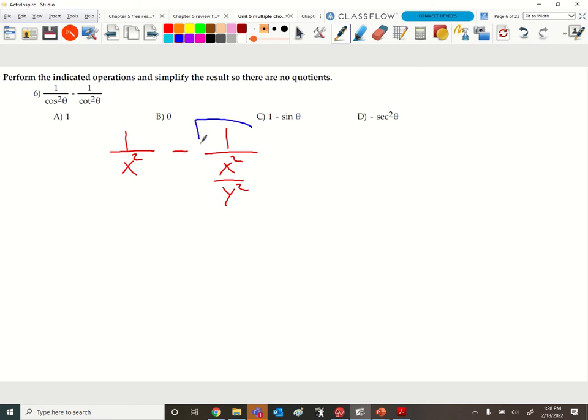So I'm going to take this over here and that piece right there. Do I like it? No. It's fraction over fraction again, isn't it? Fraction over fraction, so I need to clean that up. So I'm going to multiply by the reciprocal of the bottom.